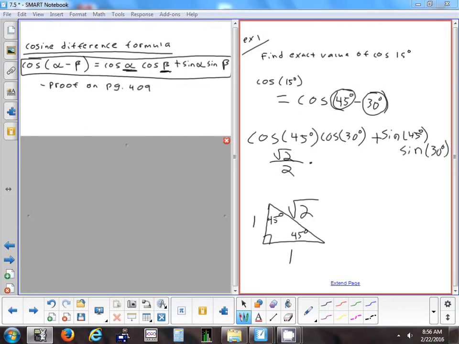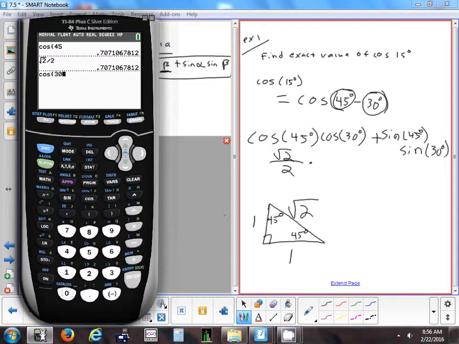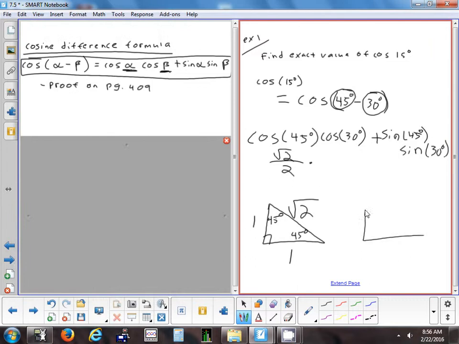Okay, cosine of 30. That one, that's 0.866. So this comes from the 30, 60, 90 right triangle. Does anybody remember what square root is involved in this one? Not square root of 2. Or here's another one.